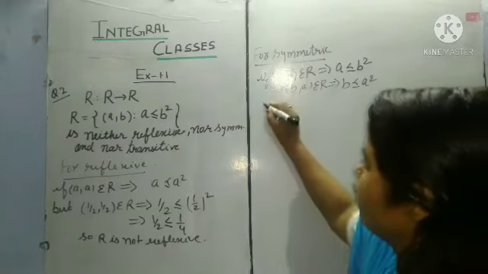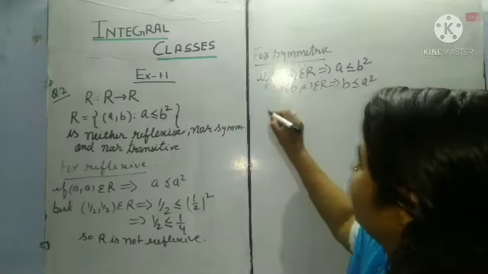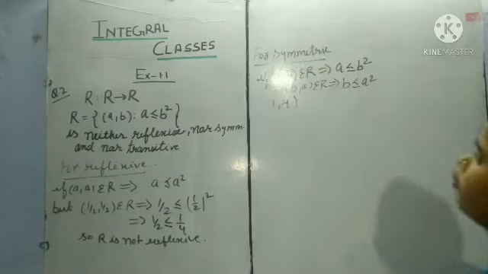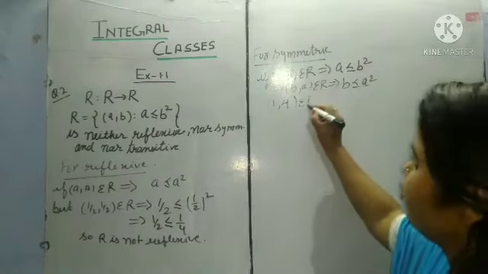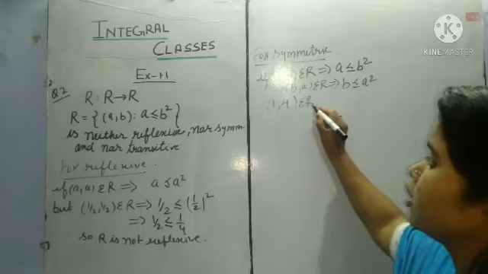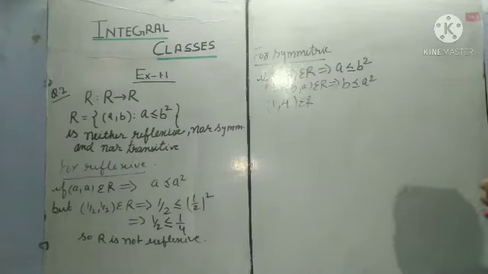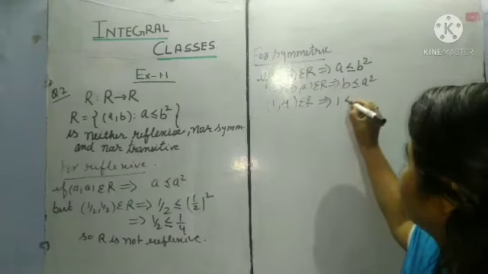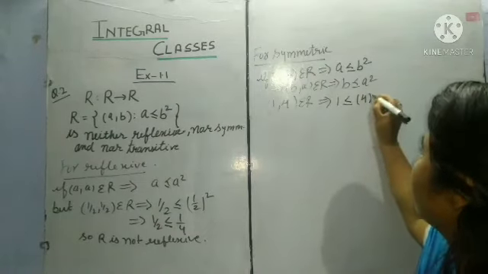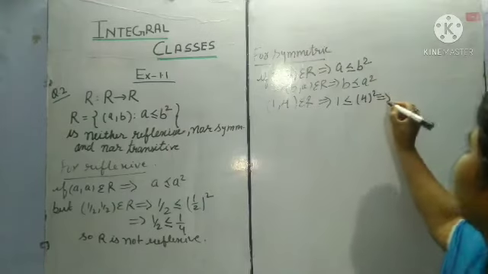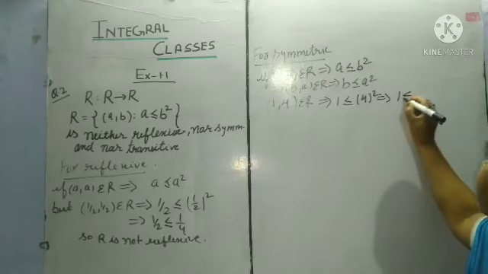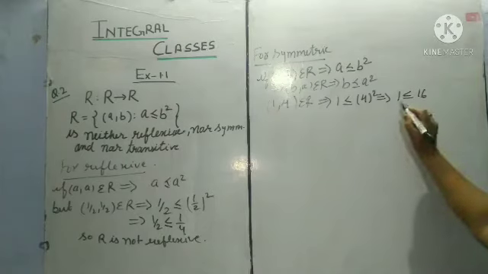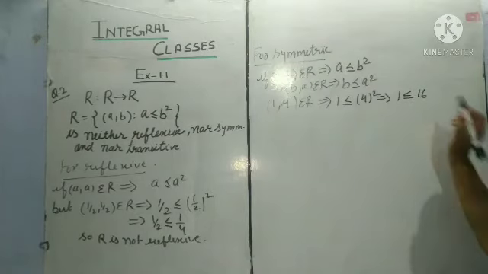Now for example, we will take a equal to 1 and b equal to 4. These belong to R. What is the meaning of belongs to R? These belong to the relation. So we will write 1 is less than or equal to 4 square, which implies that 1 is less than or equal to 16. So it is true, 1 is always less than 16.